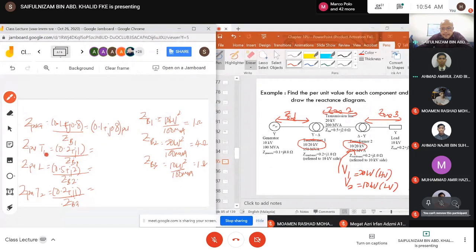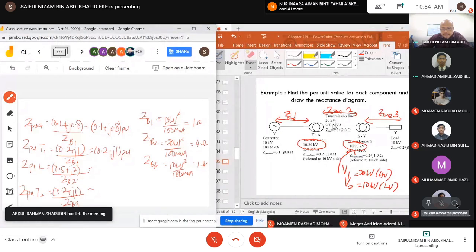Okay, transformer 1. Since the impedance is referred to the primary, you have to use the base at the primary. This one also divided by 1, should get the same answer, 0.2 plus j1 PU.